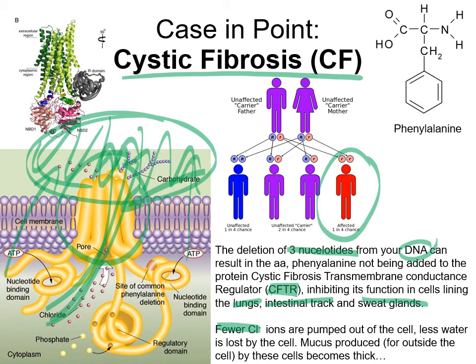And so the mucus that is then produced doesn't have as many ions in it, and therefore doesn't have enough water in it. The water doesn't flow out of the cell as much, and so the mucus itself becomes thick, and this leads to all of the properties of cystic fibrosis.